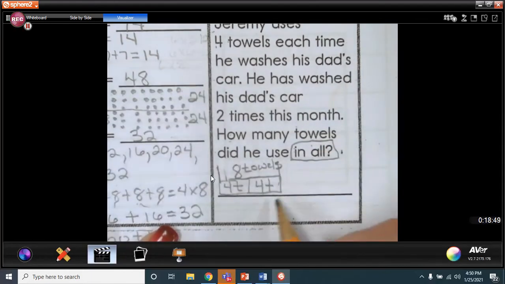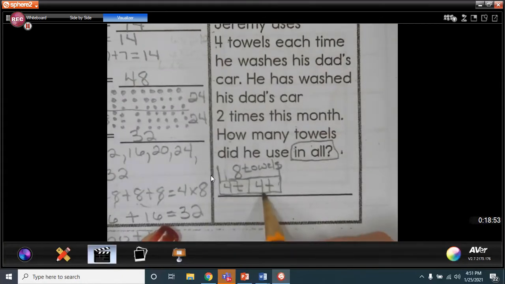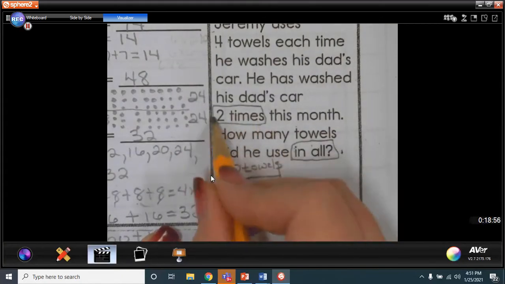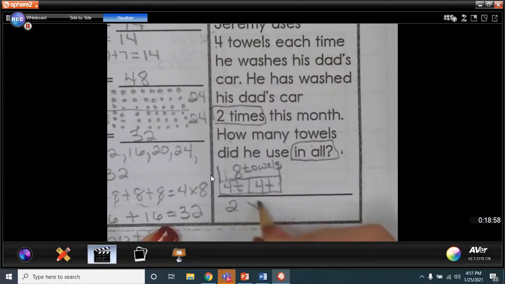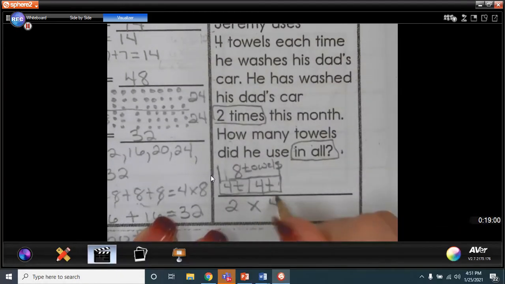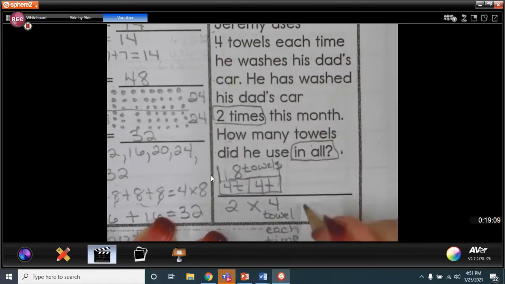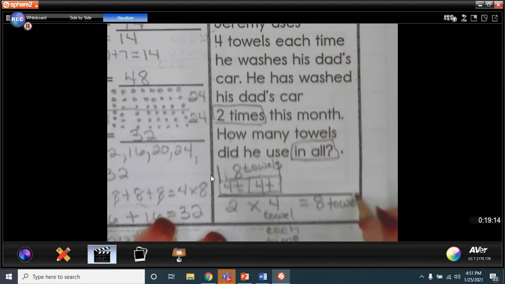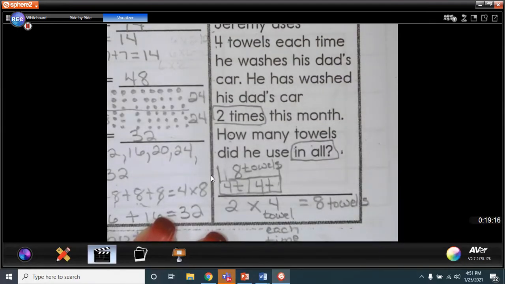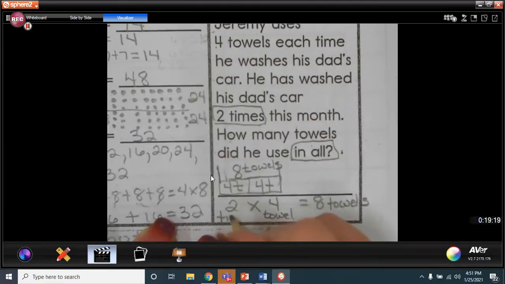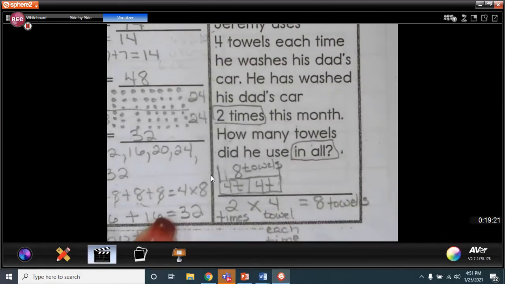So what is the multiplication fact to go with this? Well, I have 2 groups here, which is the 2 times that he washed the car, and he used 4 towels each time he washed. And so my total towels that he used is going to be 8 towels used for the 2 times he washed the car.